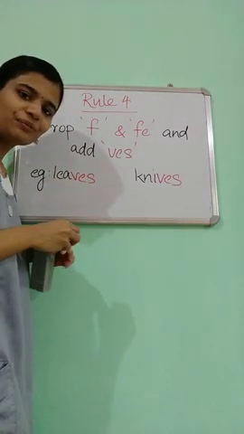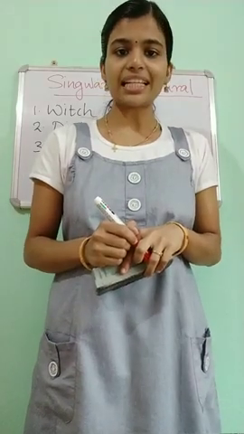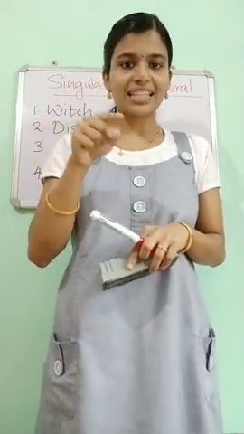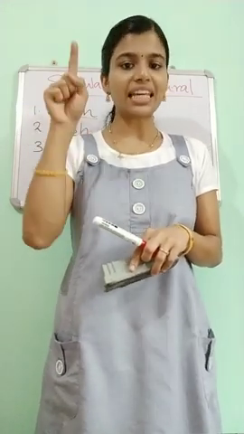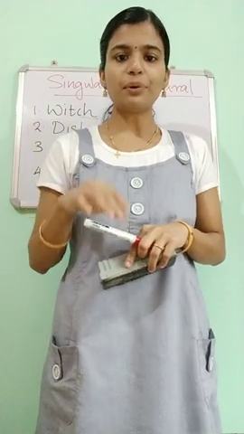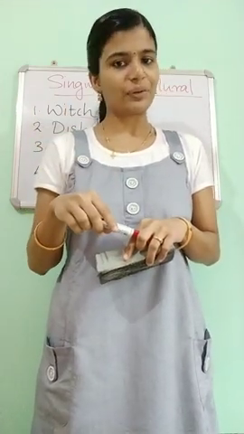Is it clear to you? I will tell you once again. In the case of words ending with S, Z, X, SH and CH, we can change those nouns into their plural forms by adding ES at the end. Okay?